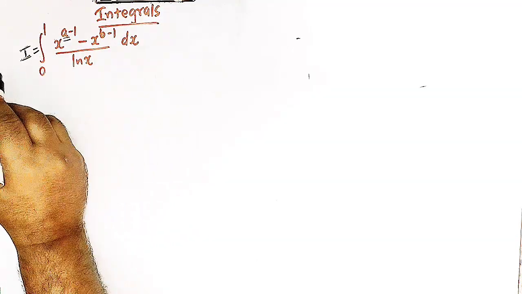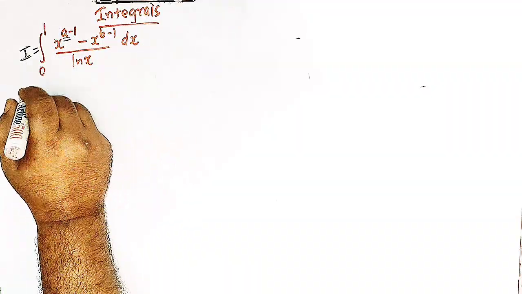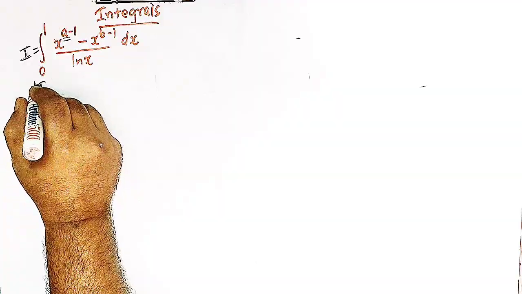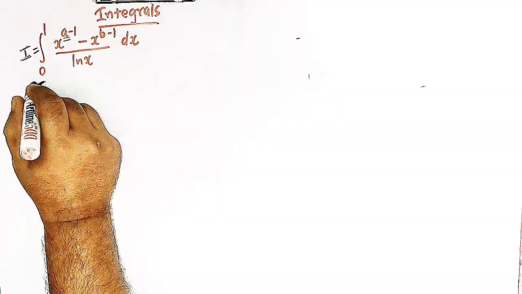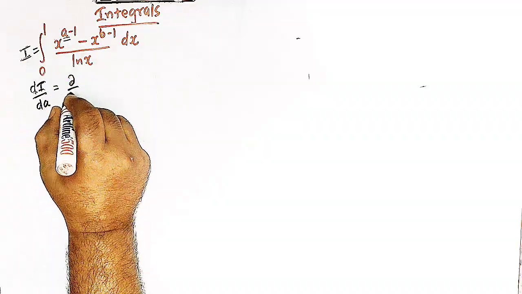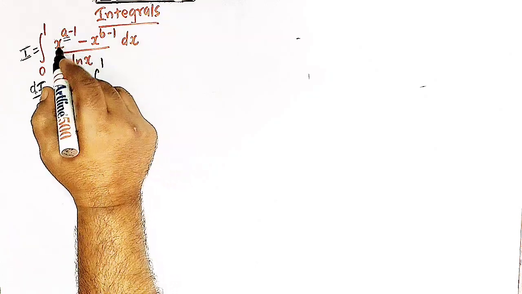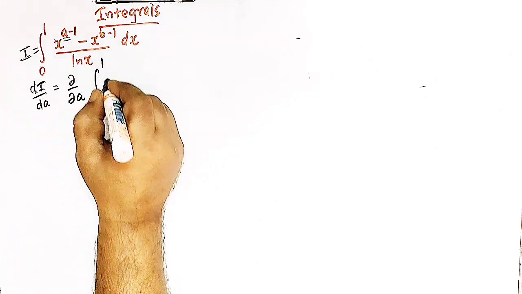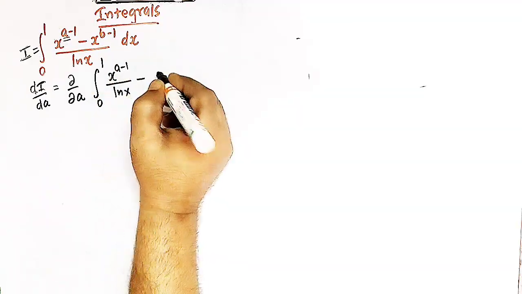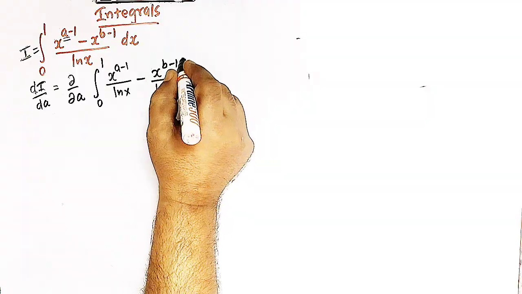So we'll differentiate partially with respect to a, both sides, right? So here we can now write dI over da. So we'll differentiate this integral I with respect to a. So here we write this operator, that is del over del a, and here we have the integral 0 to 1, and we can write the integrand as x raised to a minus 1 over natural log of x minus x raised to b minus 1 over natural log of x.